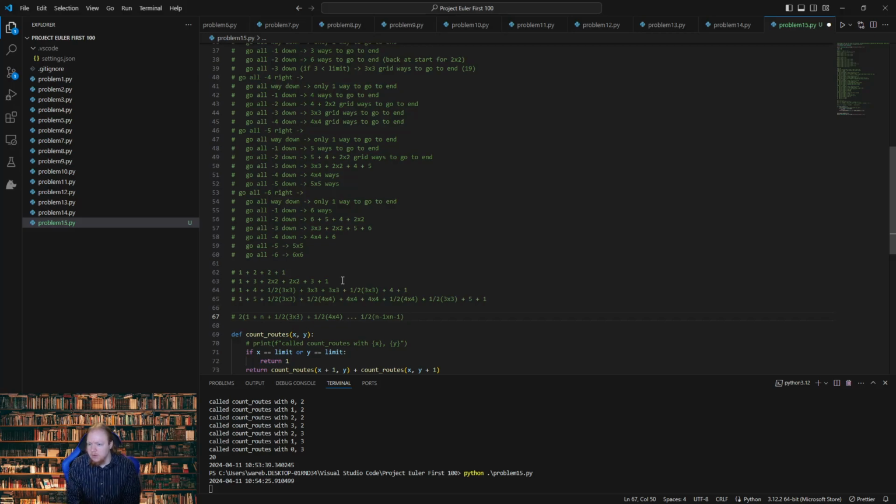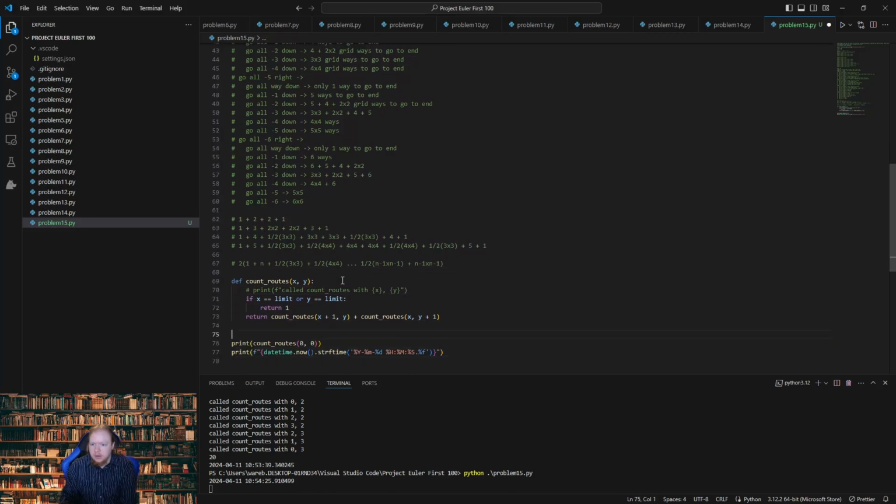And then we would want to do plus n minus 1 by n minus 1. I think that that's our formula. Let's go ahead and see if we can program that formula.